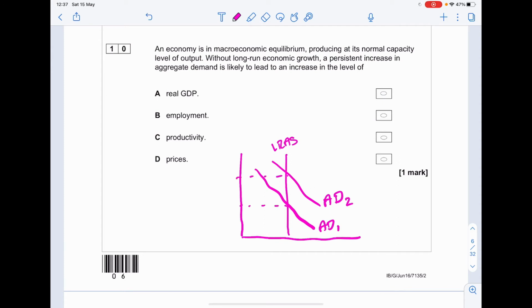Well, you can see from there that we're going to get an increase here. This is our price level, so we're going to get an increase in prices. If you'd had an increase in aggregate supply as well, then that would be a different outcome. But they specifically said without long run economic growth, so you're not shifting the supply curve.